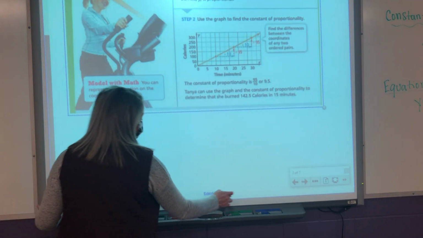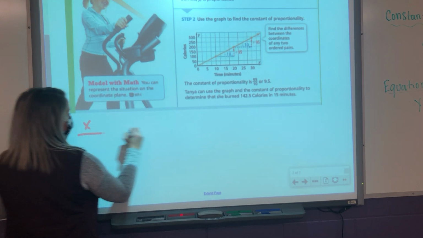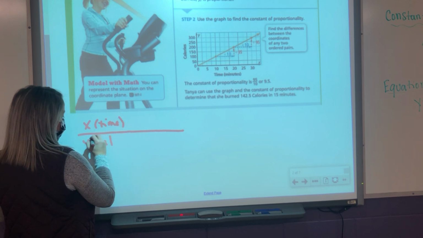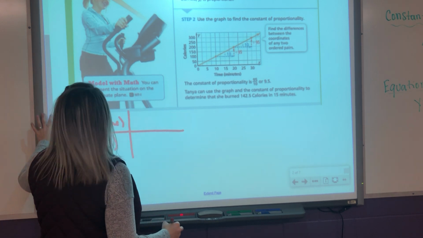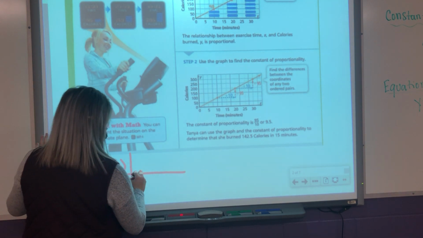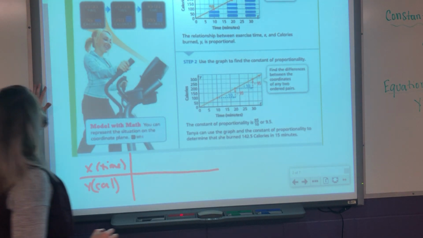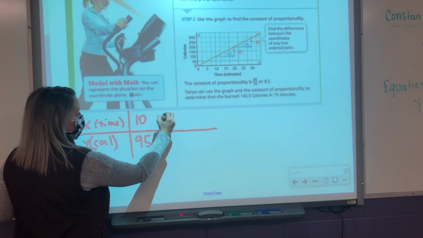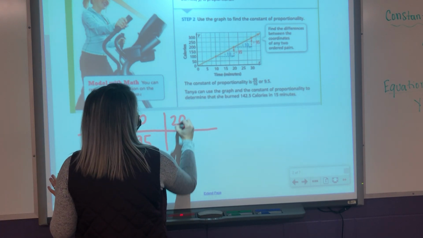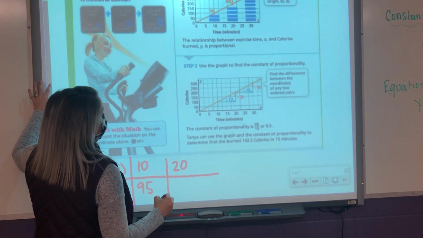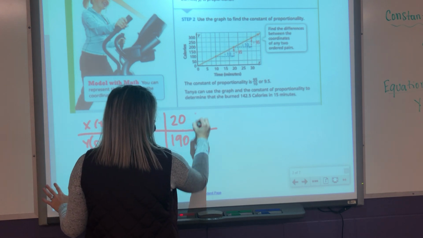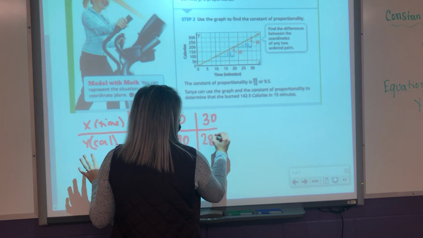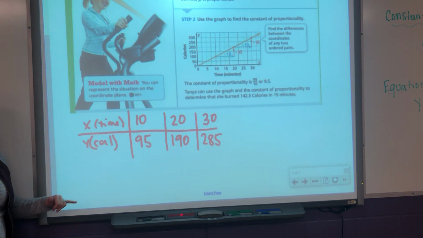Okay, so let's look at a ratio table. These are x and y. X is time. Y is calories. Okay, so in 10 minutes, she burned 95 calories. 20 minutes, how much did she burn? 190 calories. And in 30 minutes, do you know how to test proportionality from a table?